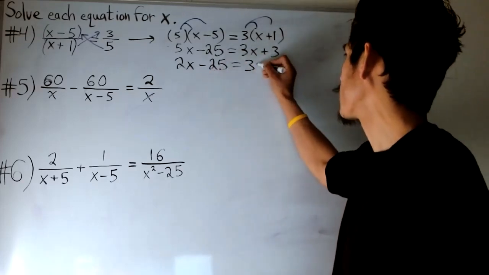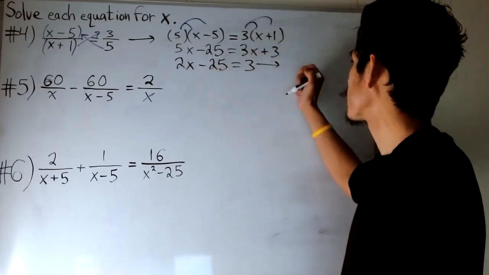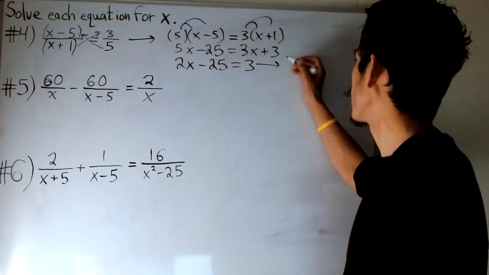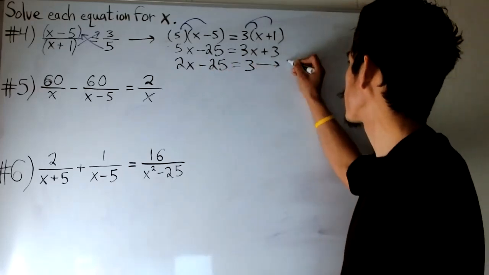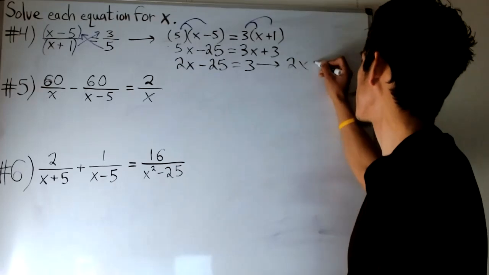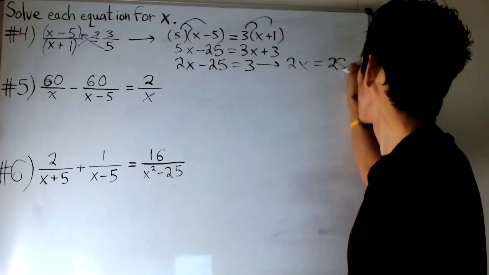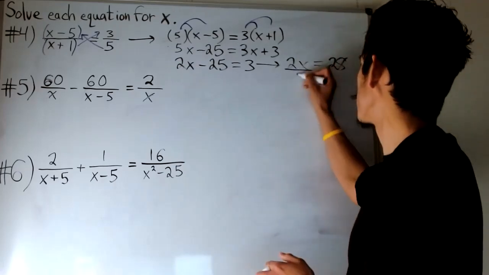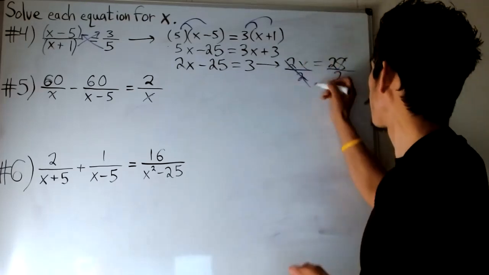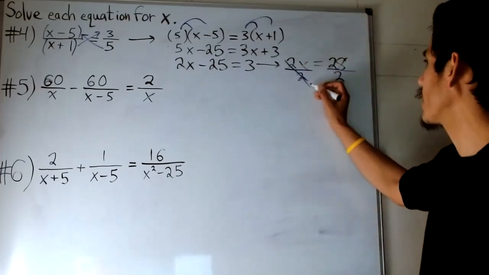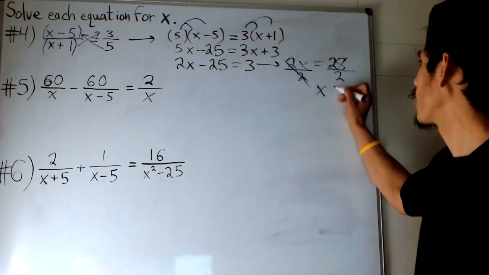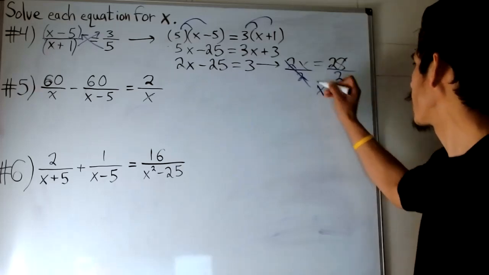Let's add 25 to both sides. And we'll get 2x is equal to 28. And dividing by 2, we'll get that x is equal to 14.